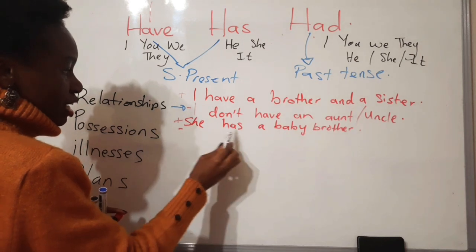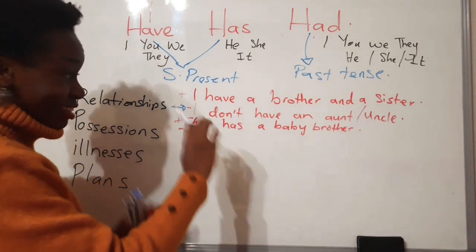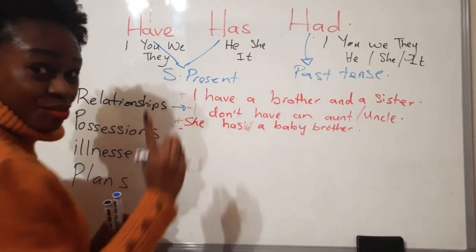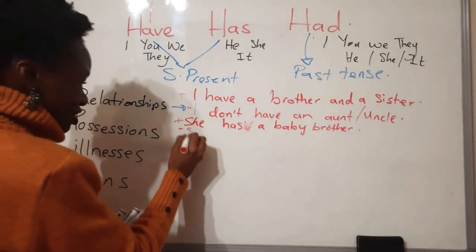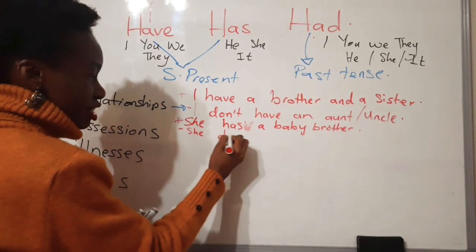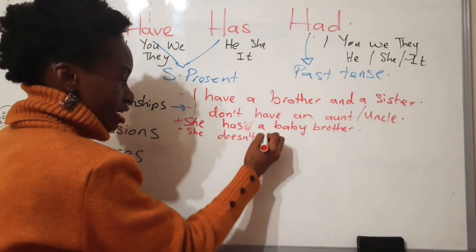We don't say she hasn't a baby brother. No, that's wrong. We say she doesn't. We make this the negative.